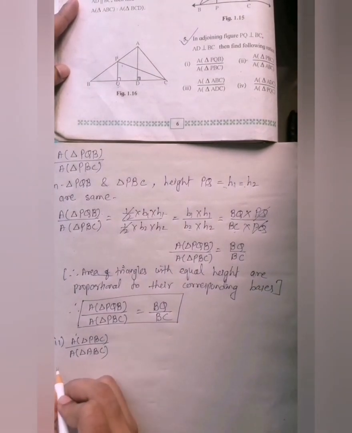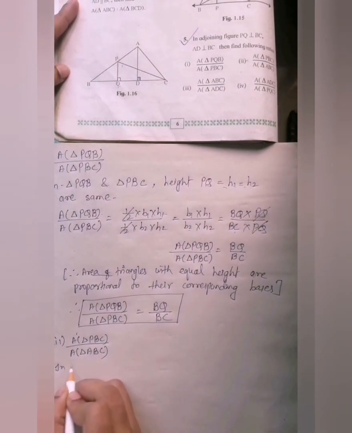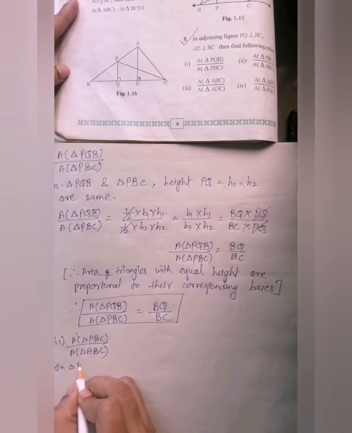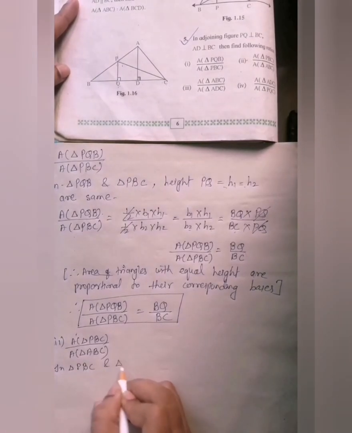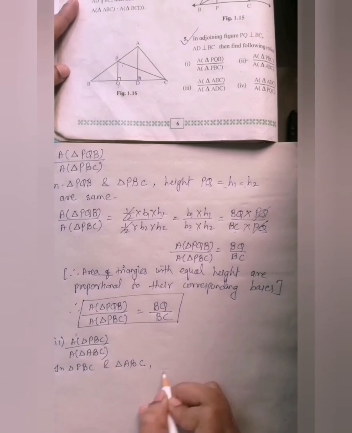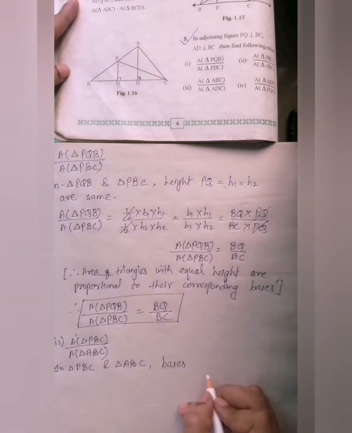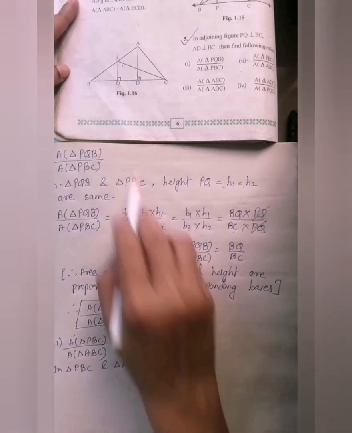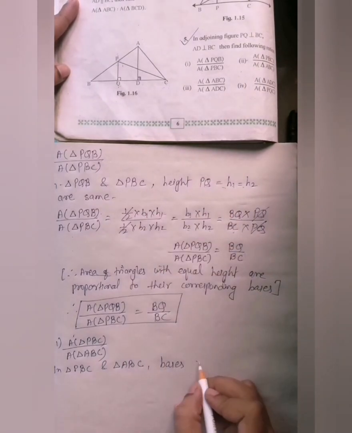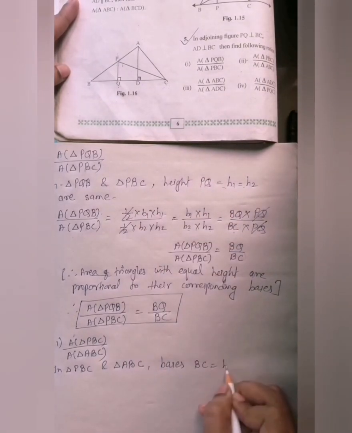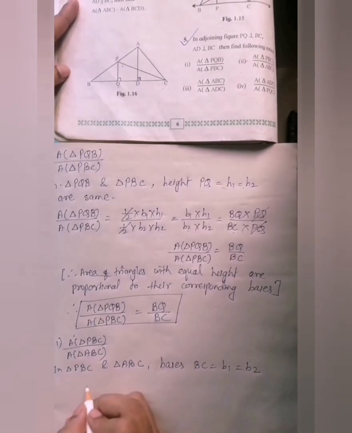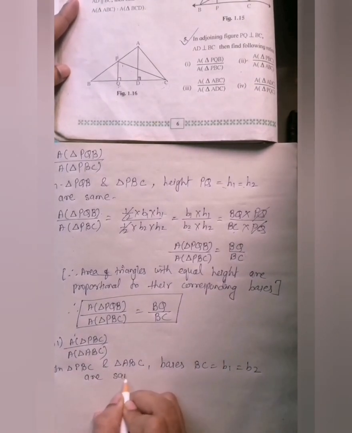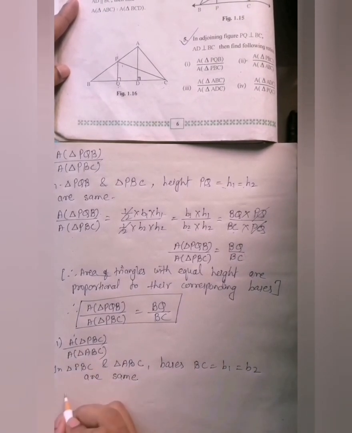So again we have to write down, in triangle PBC and triangle ABC, the bases. What is the base of that? BC. Bases BC, B1 equals B2, are the same. Clear? After that write down their ratio.